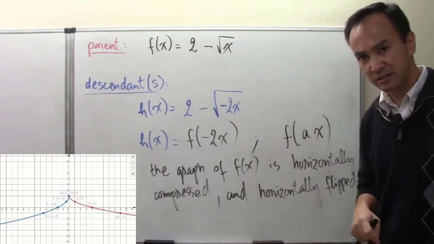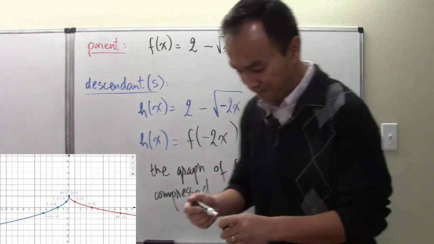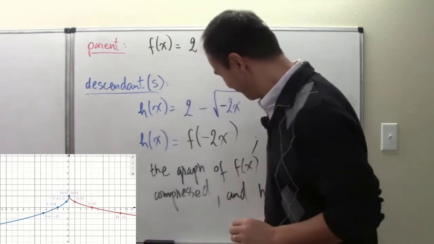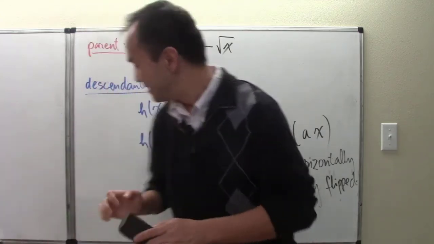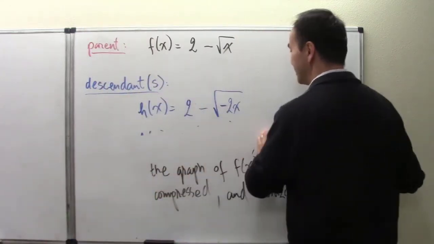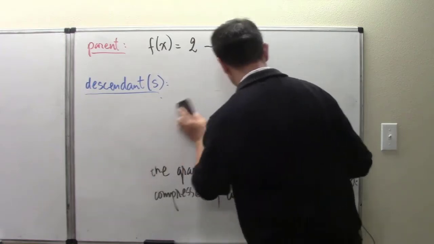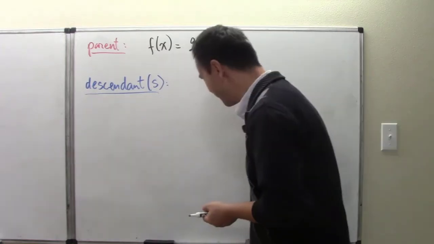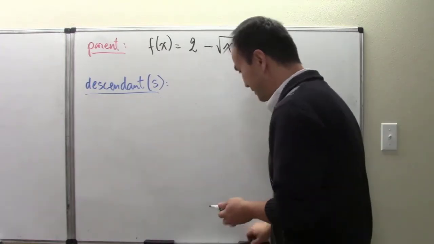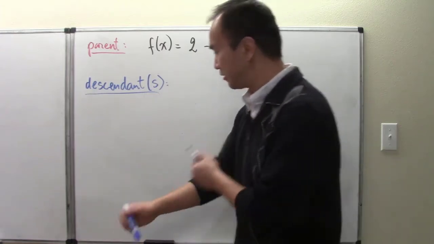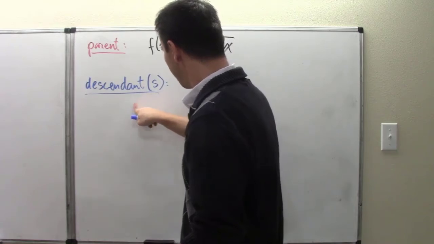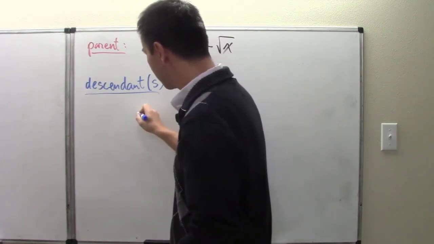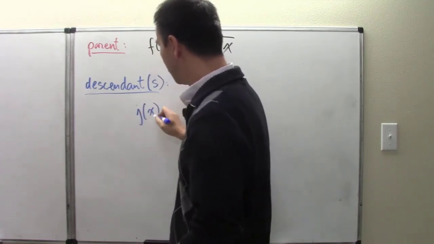Let's look at another descendant. Now I'm going to define another descendant here. I'm going to call that j of x.